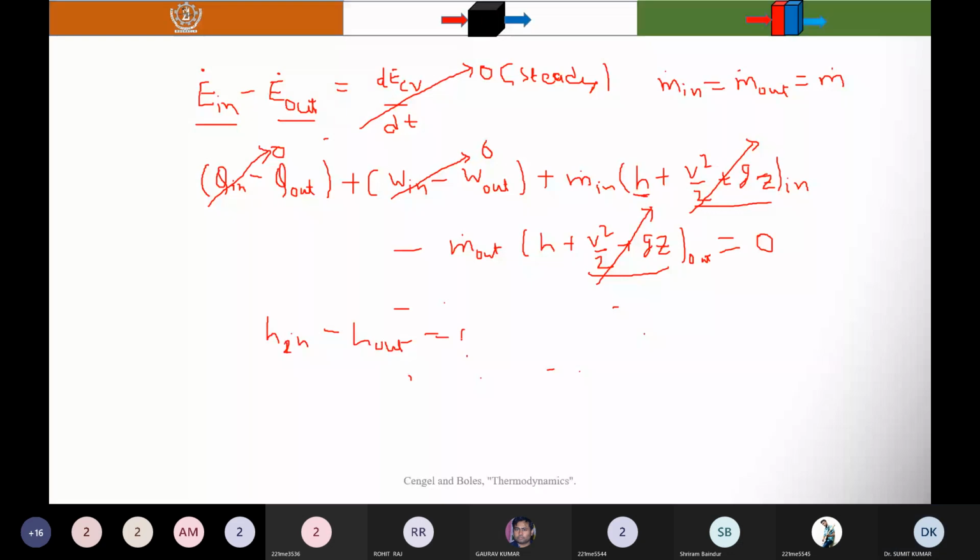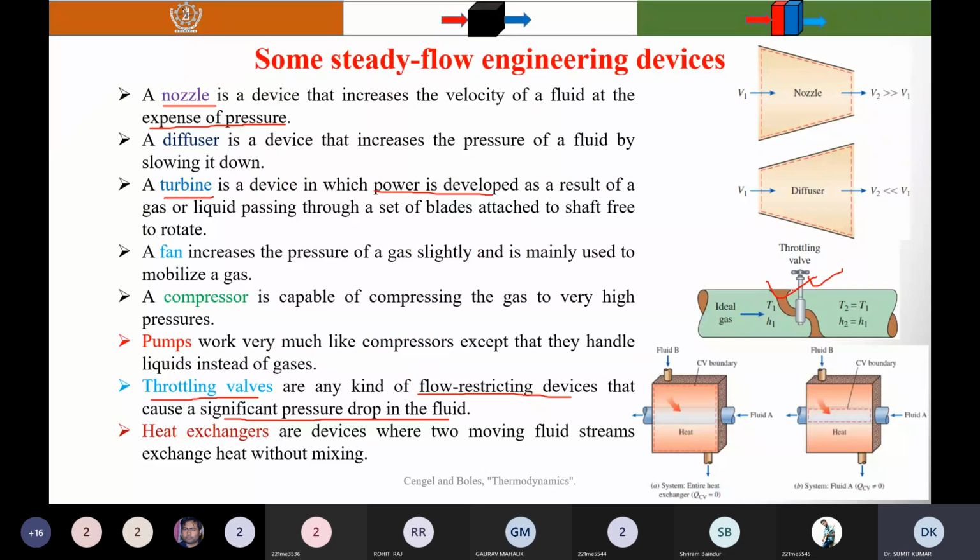Yes, sir. Sir, if there is a pressure drop, then there will be work. When a throttling valve is used, for example a valve, how does it work? To decrease the pressure, you need a valve. You are restricting the flow, no? So there is a significant pressure drop in the fluid.